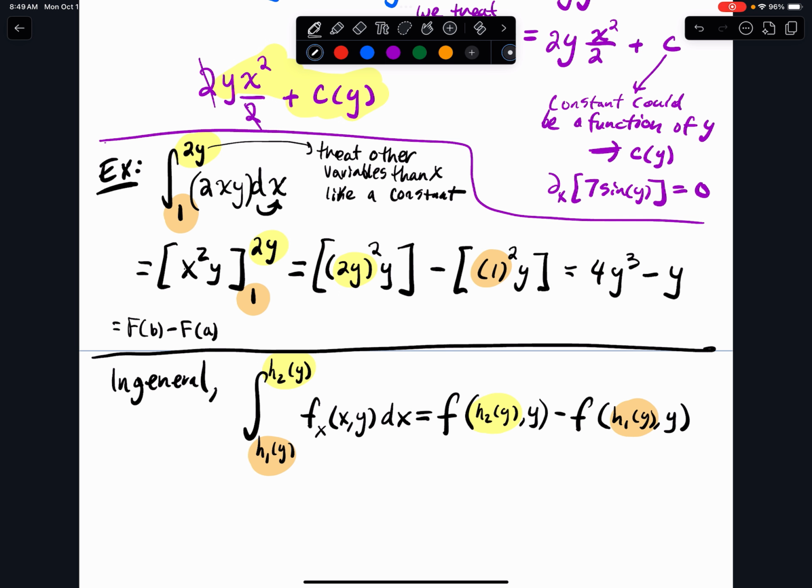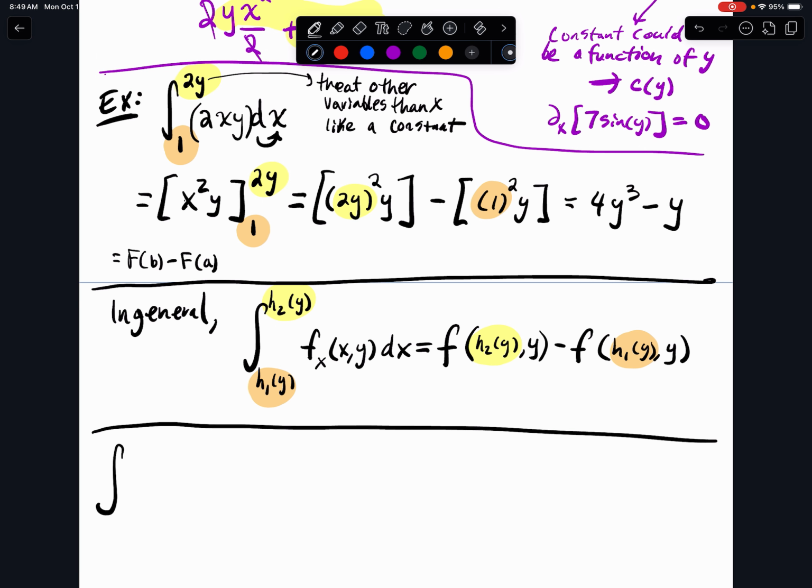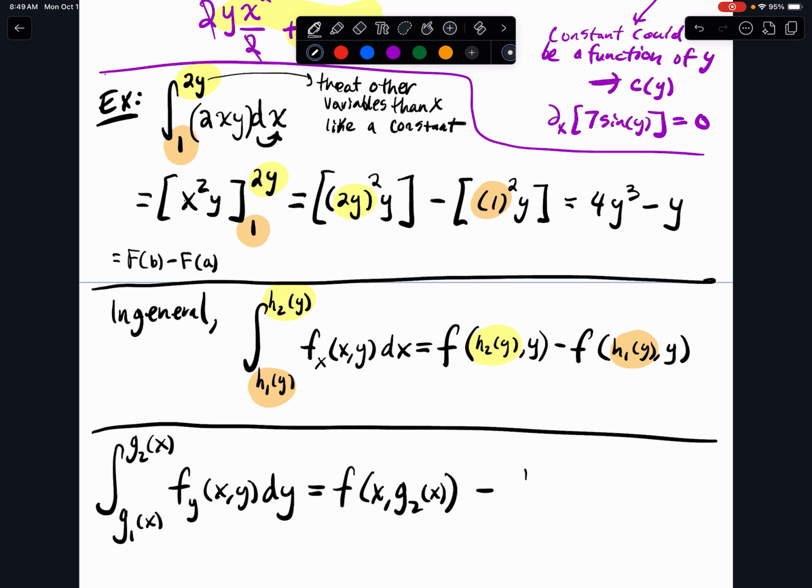The same thing works when we integrate with respect to y. The integral from g1 of x to g2 of x, these are functions of x, of the partial with respect to y of f of x, y dy. Now I'm going to integrate with respect to y. This gets me f of x comma g2 of x minus f of x comma g1 of x.